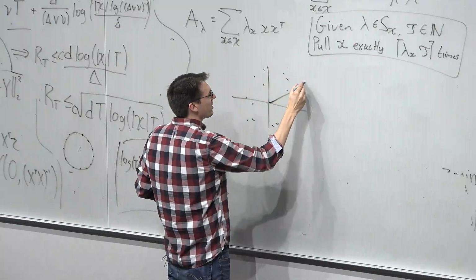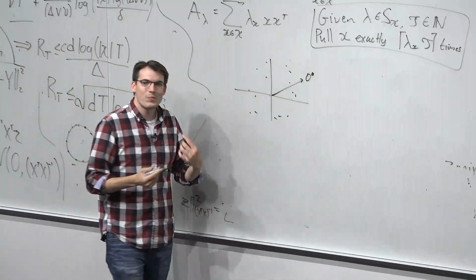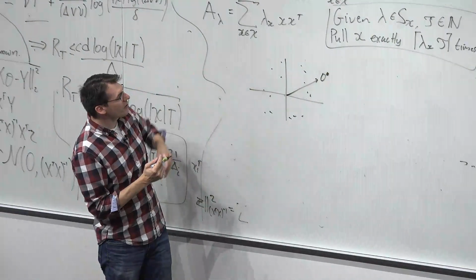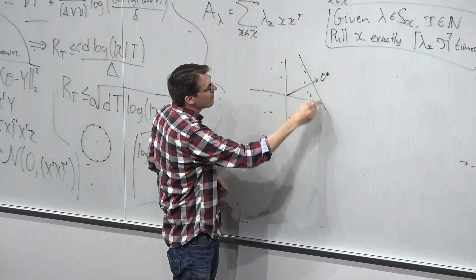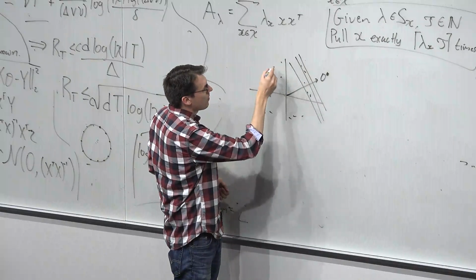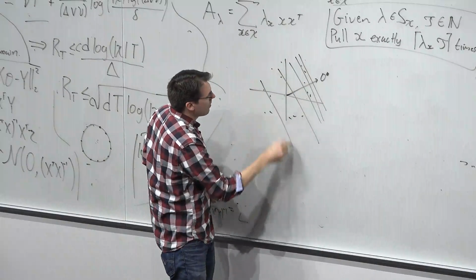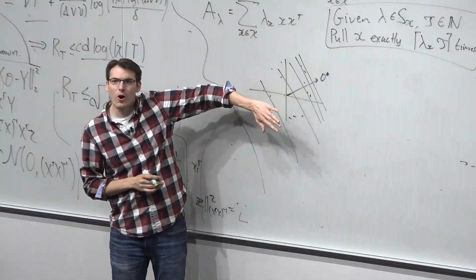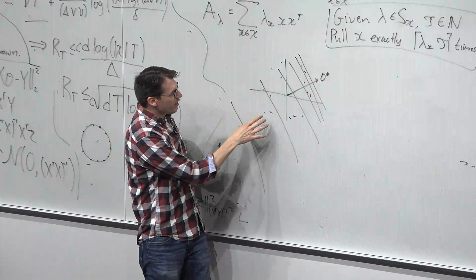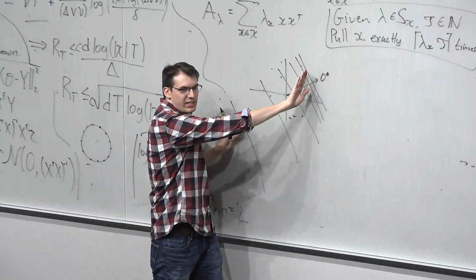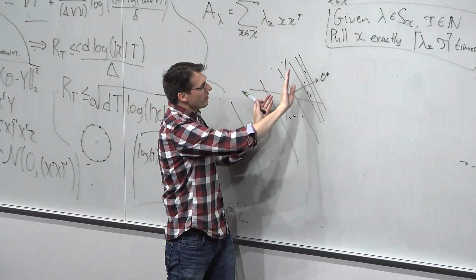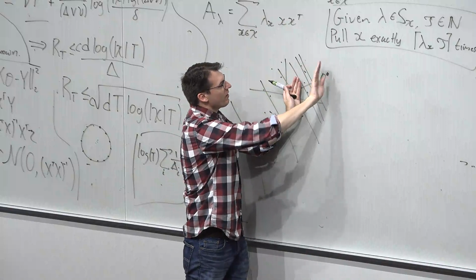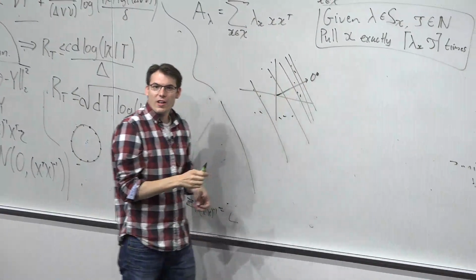if theta star is in this direction, what this means is that this algorithm, x hat L, the way that x hat L is really evolving over time is this is x hat 1, let's say, and then this is going to be x hat 2, and x hat 3, and x hat 4, x hat 5, and so on.